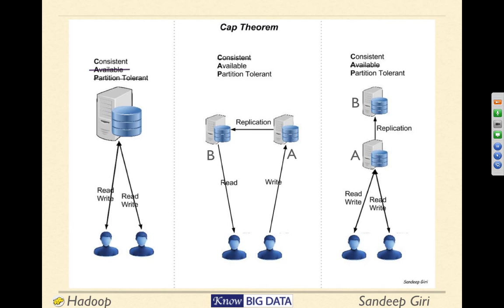Now, if this machine goes down, nobody will be able to use it. All the users will go empty handed, and therefore it is not available, and it is also not partition tolerant. Why? If this machine goes down, then all users go empty handed. That is called partition intolerant. It's not able to tolerate the partitioning.